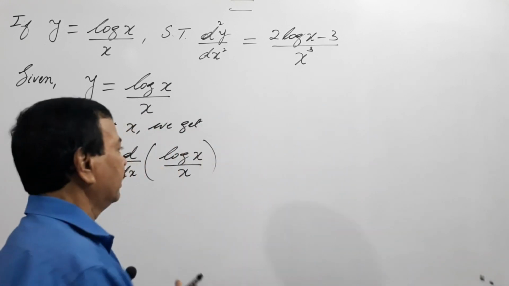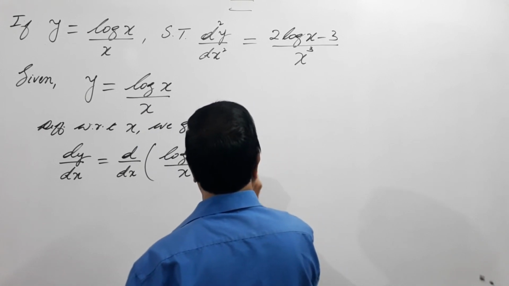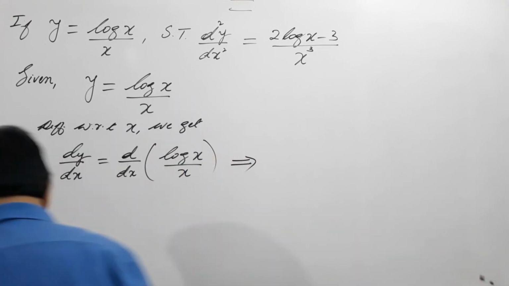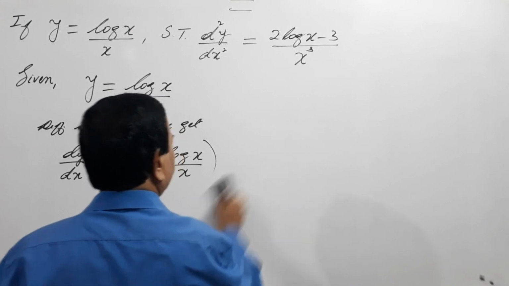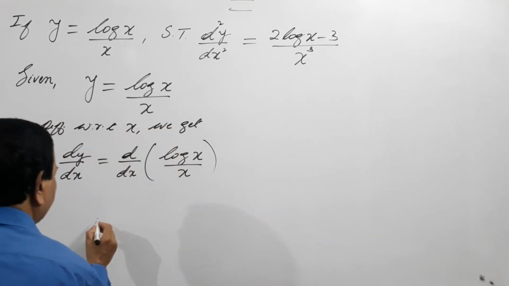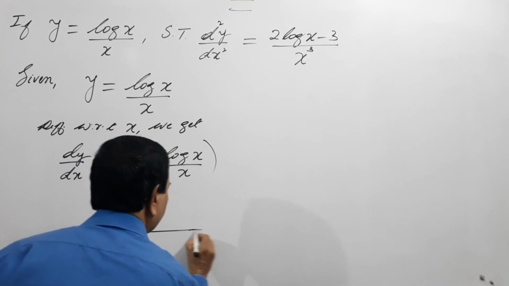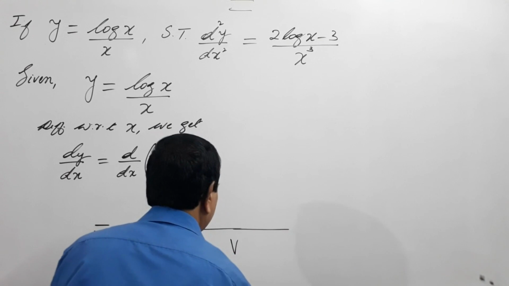What happens? This equals denominator square, I will write the denominator x square.